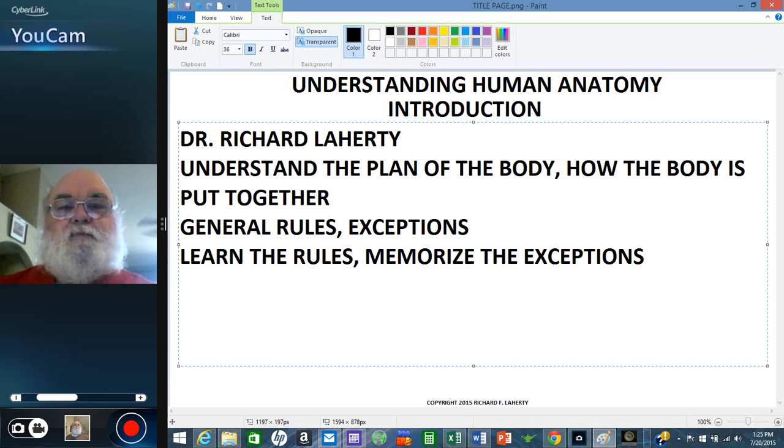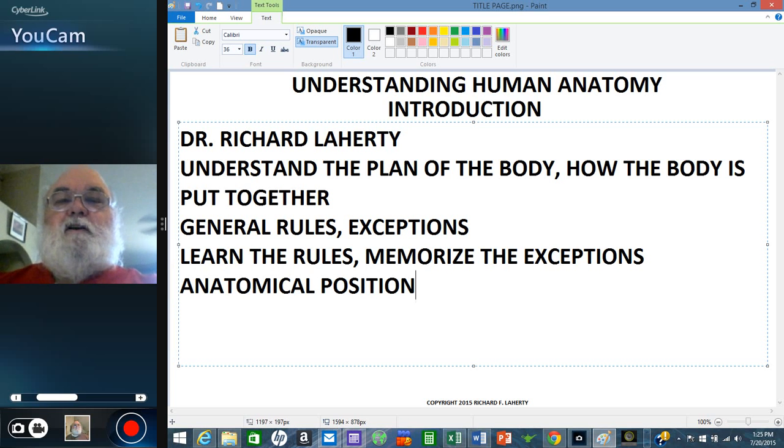Now, the first rule you have to deal with is the one defining anatomical position. And the reason you must understand this rule is that all descriptions in anatomy relate to the body in anatomical position.